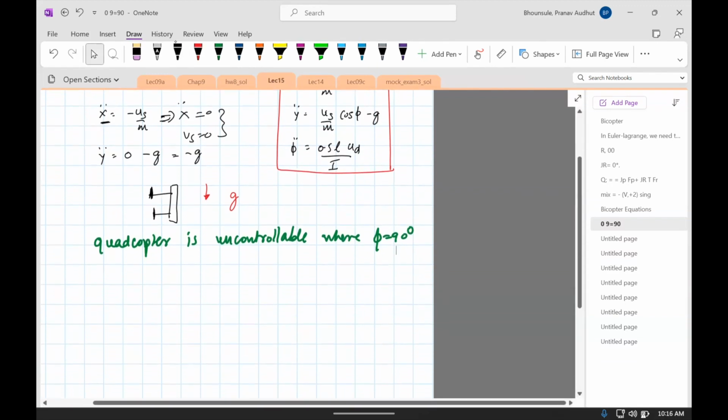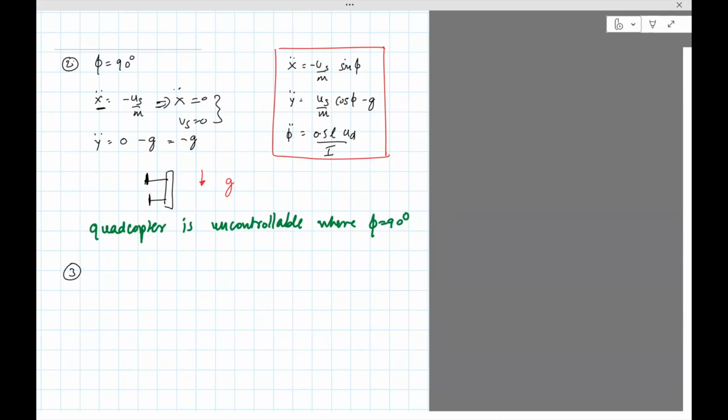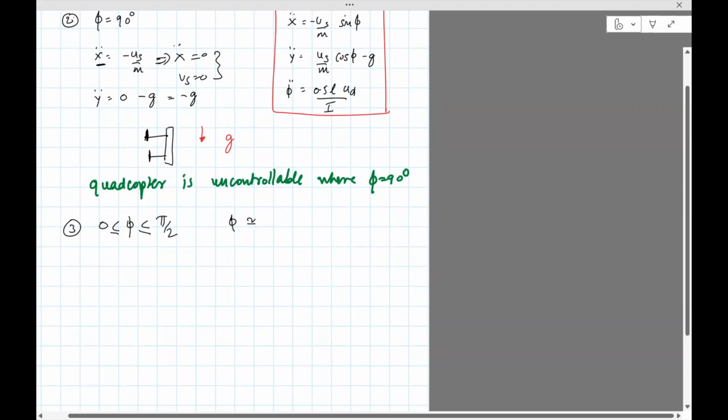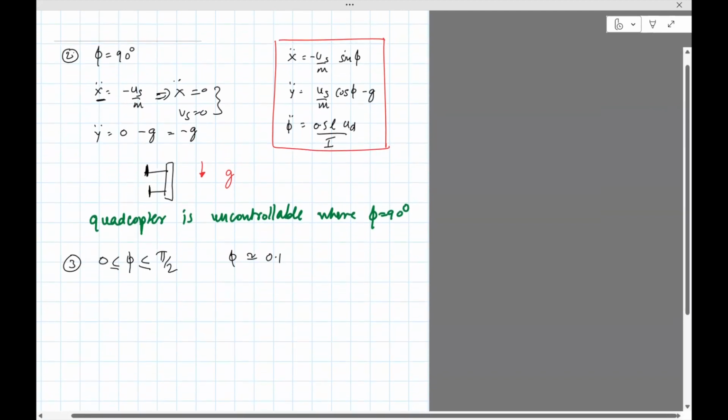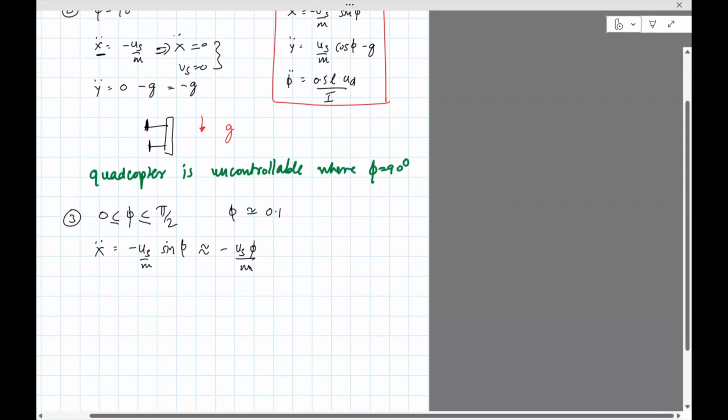Okay, now there's a third case. We've looked at the case when phi is 0 and phi equals 90. But then there's an interesting case. What if phi is between 0 and pi divided by 2? And then we'll see minus also. Let's take phi to be some number, let's say 0.1, very close to 0. Here x double dot equals minus Us sine phi divided by m. Of course, sine of phi, where phi is close to 0, is approximately phi, so x double dot is approximately minus Us phi divided by m, because phi is a small angle approximation.